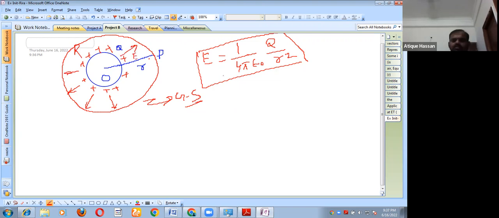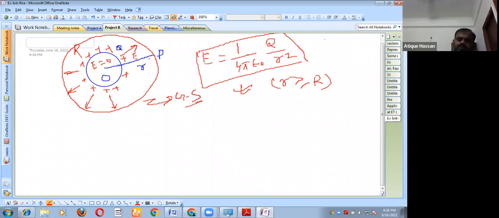The electric field at a distance r from the center due to a conducting sphere is given as 1 by 4 pi epsilon naught Q by R squared. This is applicable for R greater than the radius, that is, outside the sphere. But if you remember, for a conductor, the electric field inside is always zero.